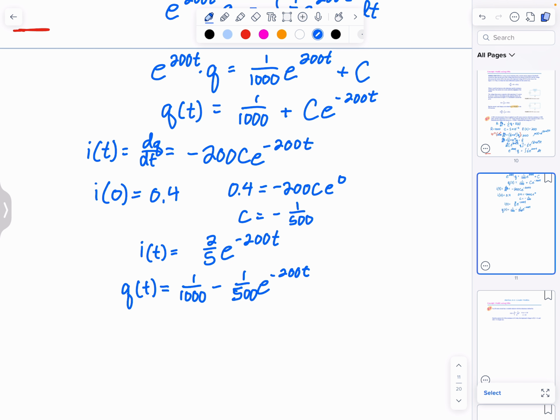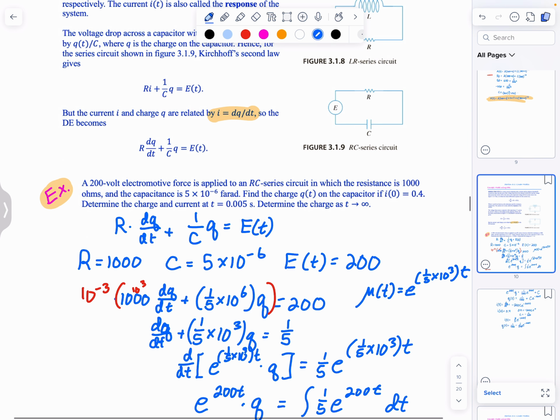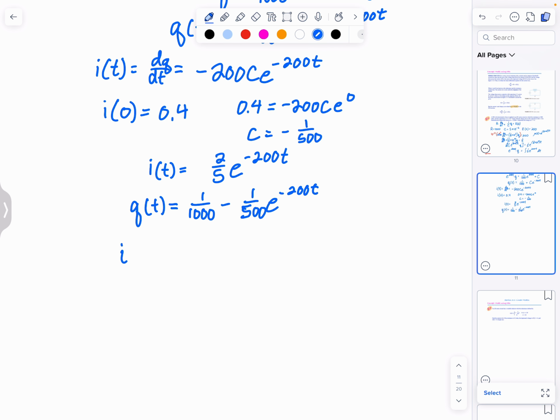Okay, the original problem asked, let's go back up and look. It says determine the charge and current at t equals 0.005. So it says both. So I got to do both. So I of 0.005, I'm going to have you guys just trust me if you don't mind, this comes from my calculator, 0.1472.